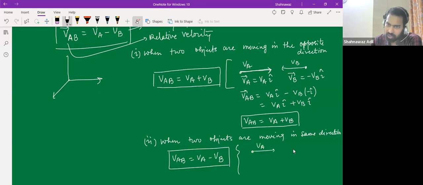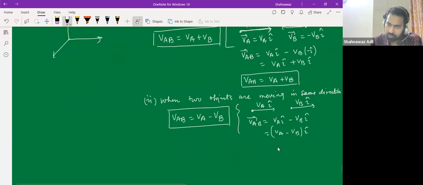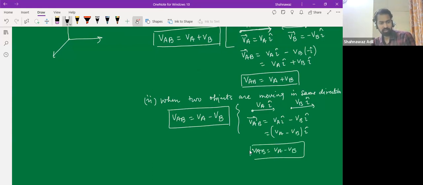So V_A i and this is V_B i. V_AB would be V_A i minus of V_B i, which is V_A minus V_B i. So magnitude is simply V_A minus V_B. Is this clear to you? Whenever they are in the opposite direction, velocity adds up. Whenever they are in the same direction, velocity decreases. Understood?